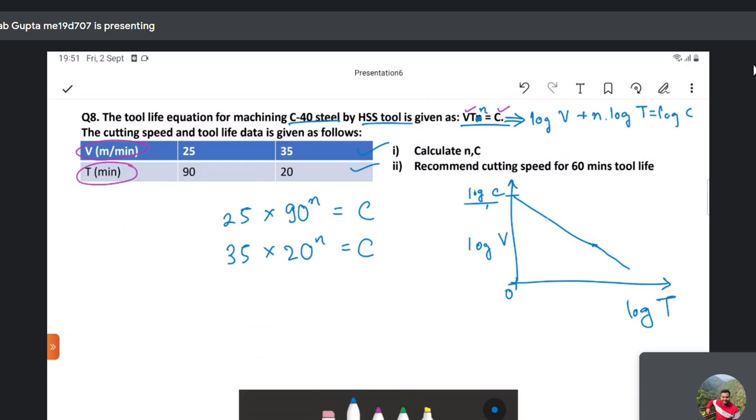So you are given two conditions, here and here. To calculate n, n is the slope of this curve.